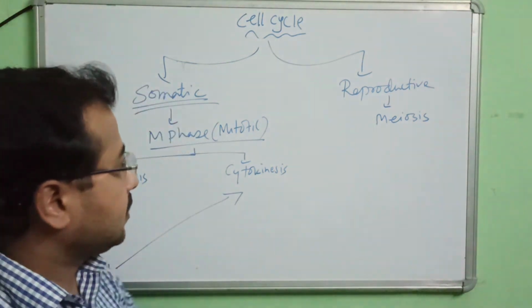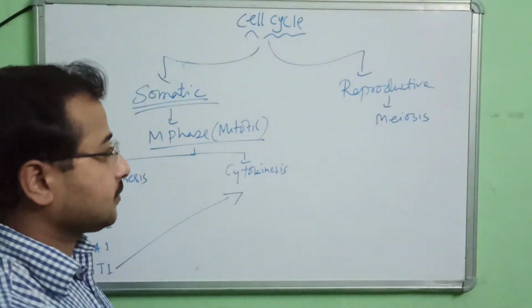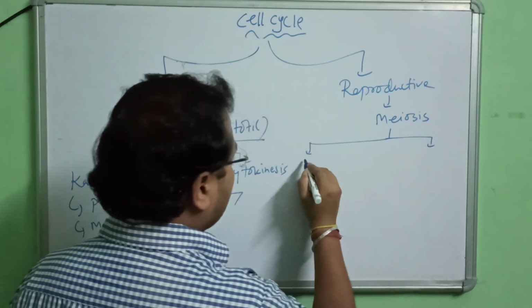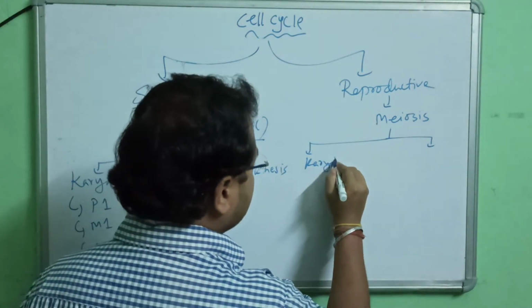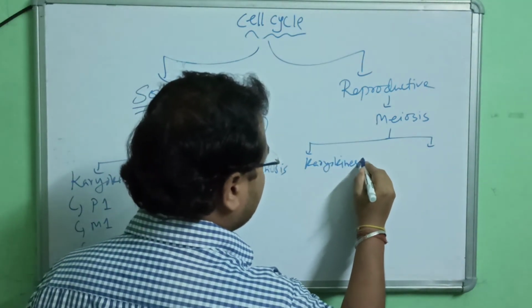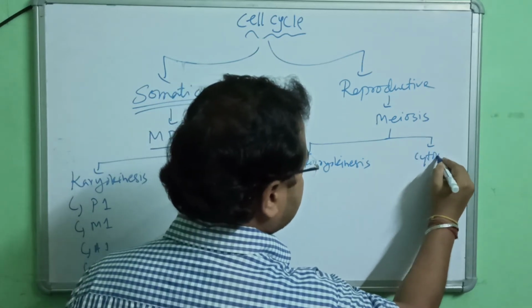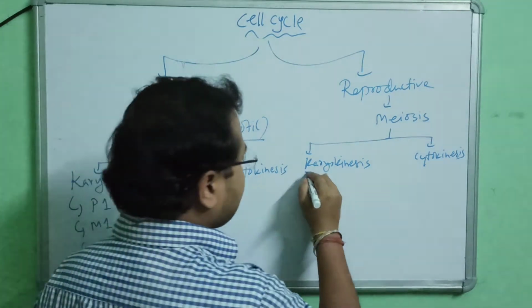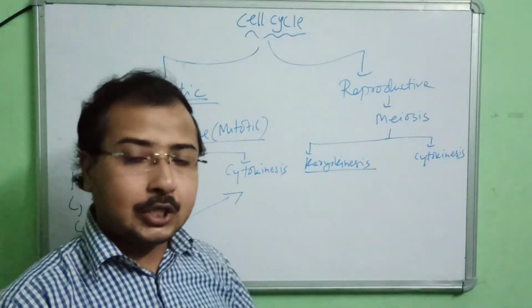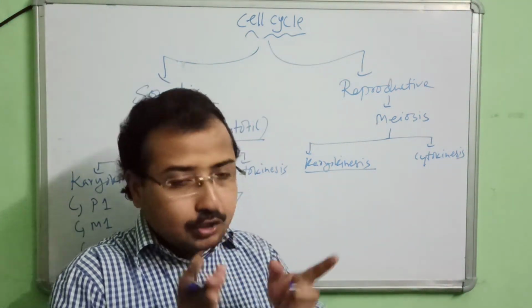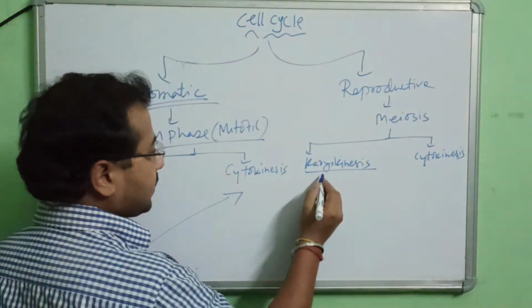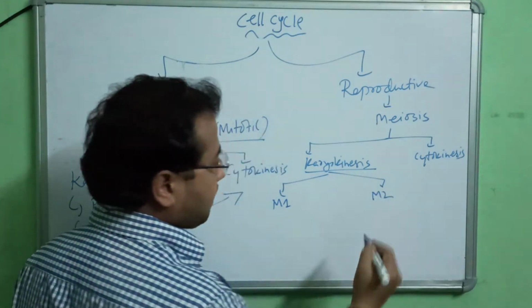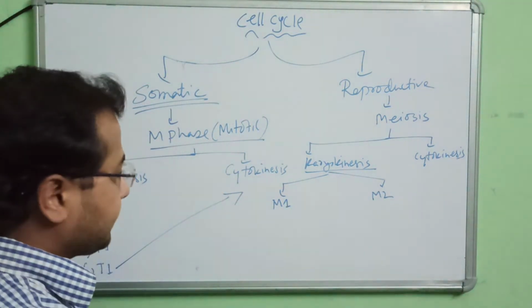In meiosis, it is the same: a karyokinesis phase, nuclear division, and cytokinesis. But in meiosis, remember, the nuclear division takes place in two different stages. One is meiosis 1, another is meiosis 2. Why? I will discuss.